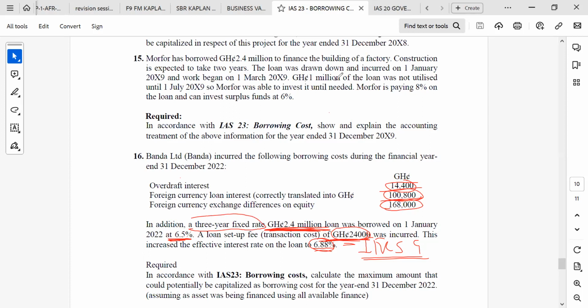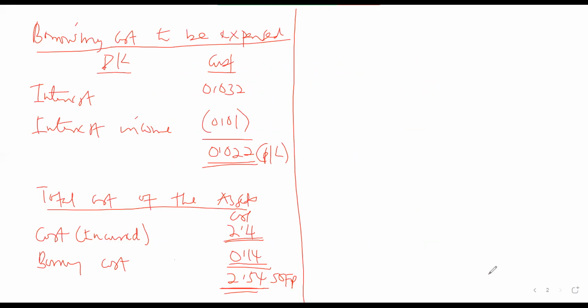So you calculate the interest separately, then you also take 8,000 out of that and add. But this one, they have given you the effective interest rate. It means that they have taken into consideration the 8,000 amortization and also the 6.5% interest. So you capitalize the transaction cost and use the effective interest rate. So let's look at that.